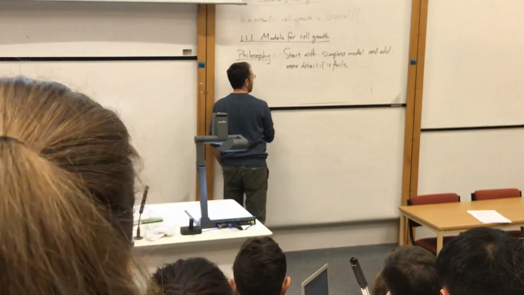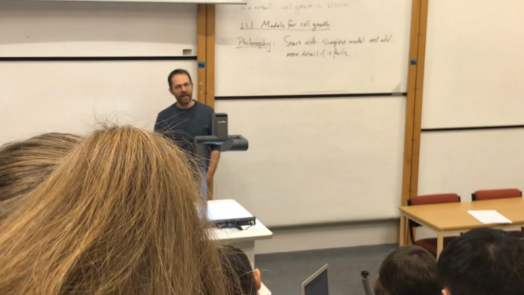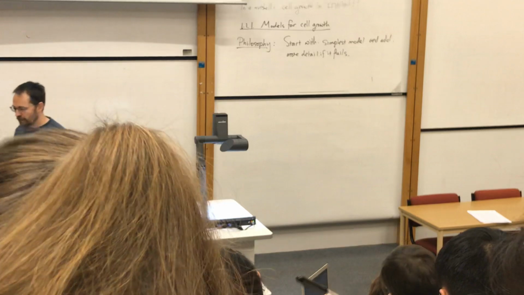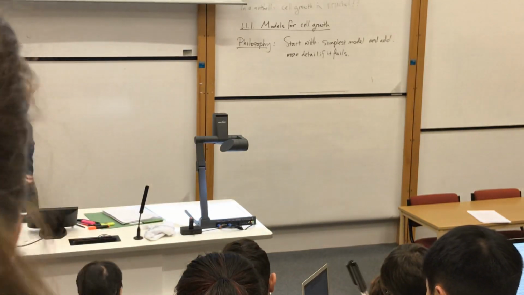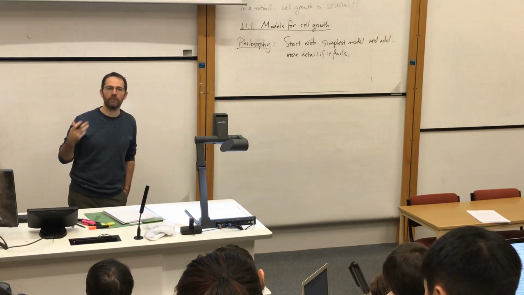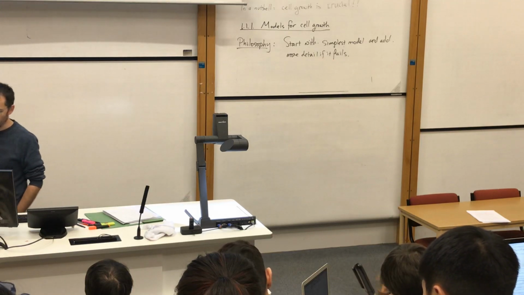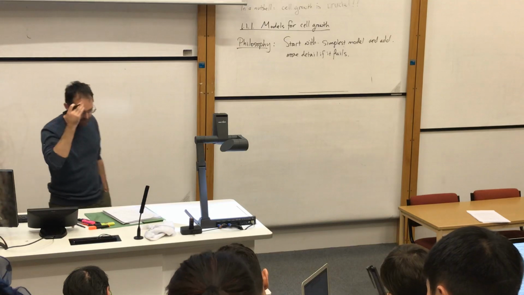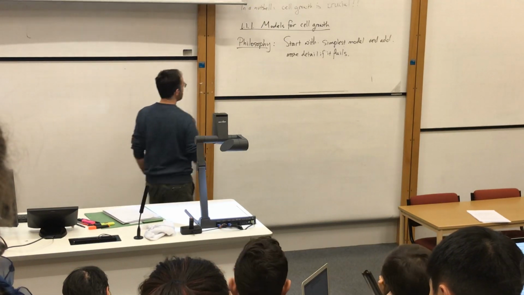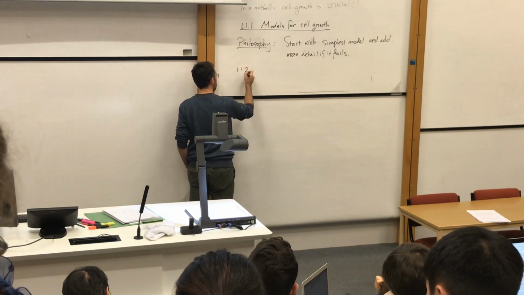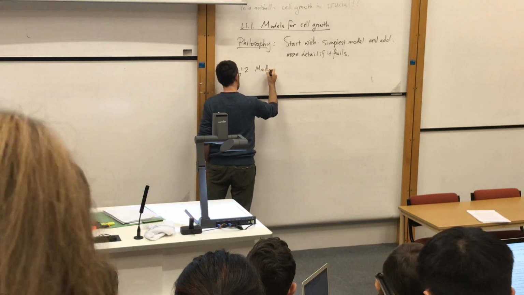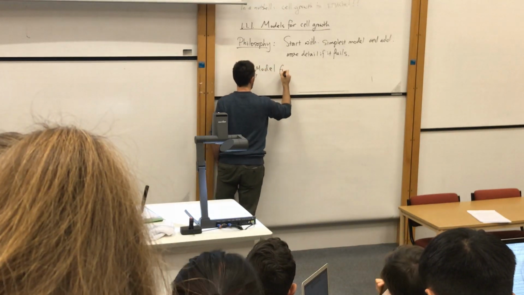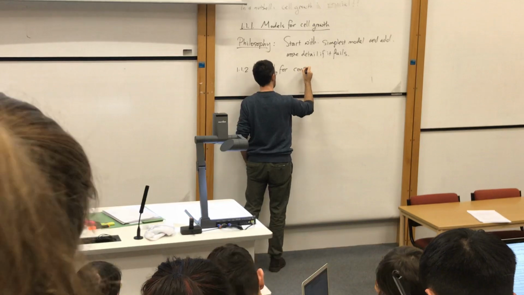It becomes very hard to analyse complex models, and even quite innocuous looking equations can turn out to be really challenging to study mathematically. So our first model is for constant growth rate.